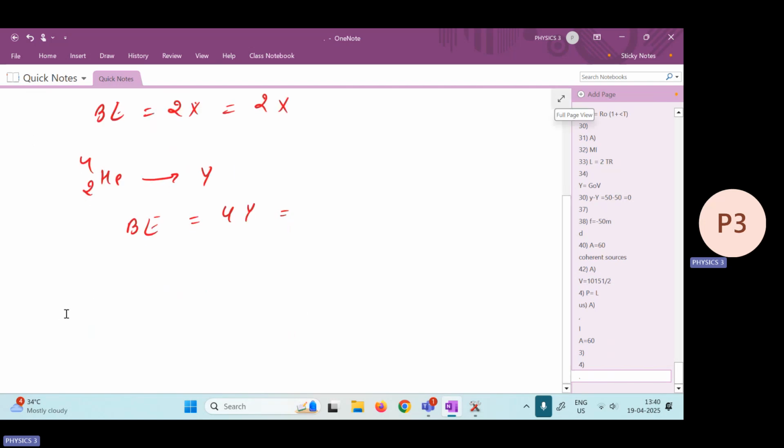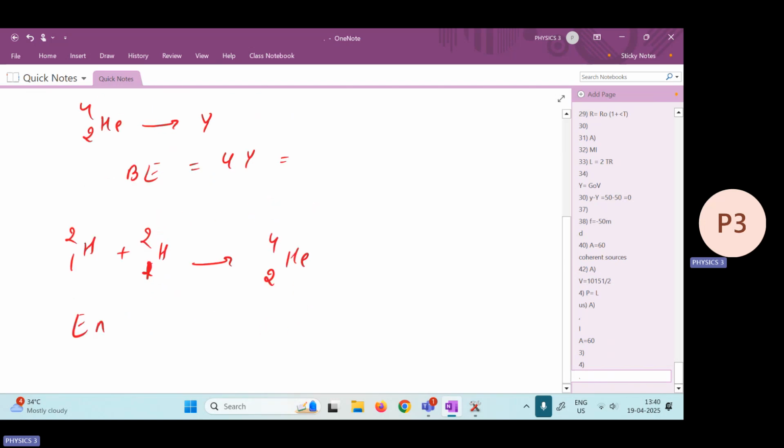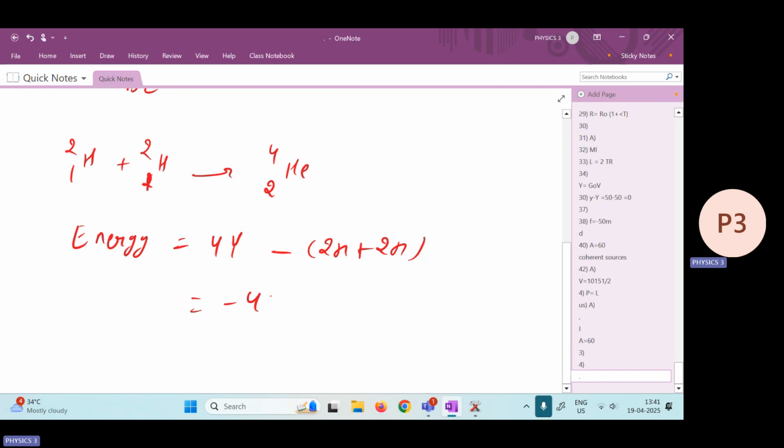Okay, so in the given reaction, 1H2 plus 1H2 gives 2He4. The energy released will be equal to 4Y minus 2X plus 2X. So that will be minus 4X plus 4Y.